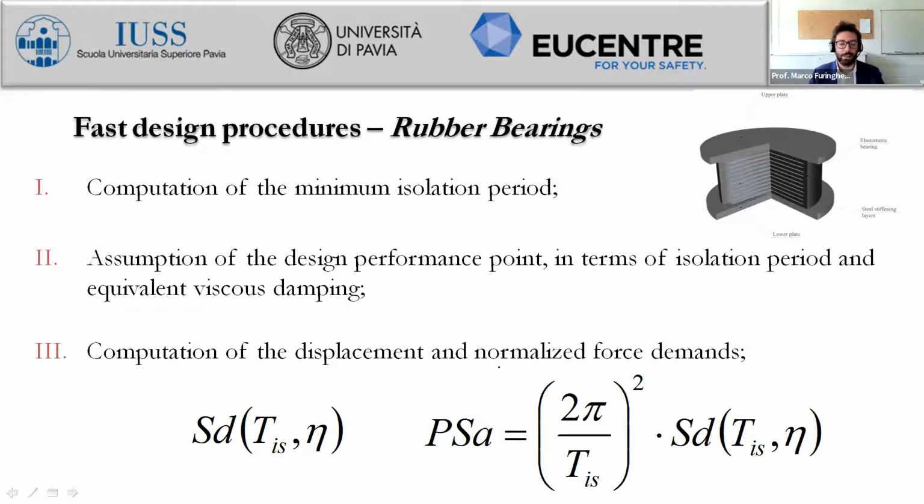And finally, there is the computation of the displacement and the normalized force demands. So the displacement, as I mentioned before, is represented by the spectral coordinate of the displacement spectrum as a function of the isolation period, and as a function of eta, the reduction factor, which in the Italian standard code is something like this, where xi design is actually the damping ratio.